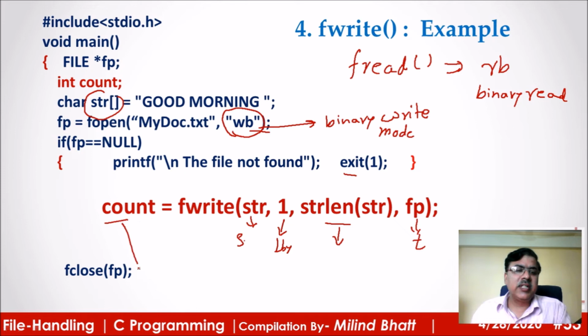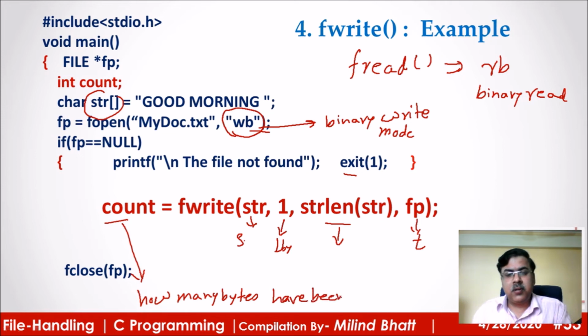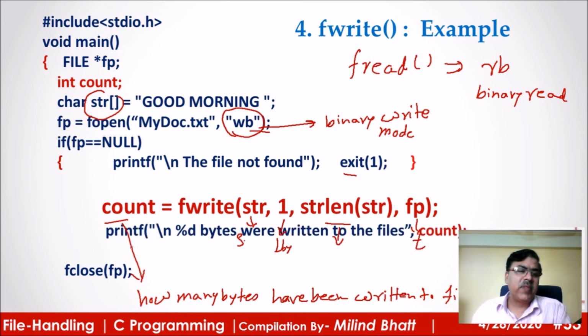So this count will say how many bytes have been written to the file, and you can take a print for this also. printf %d bytes were written to the file in terms of count. Finally, close your opened file with the help of fclose and close the function itself.